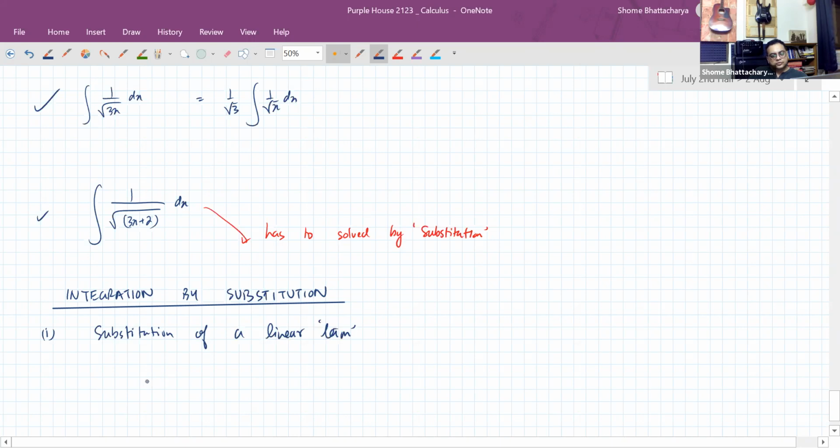For example, I have integration of, let's say, 3x plus 4. So here I will substitute 3x plus 4, which is a linear term, as z, which is my dummy variable.